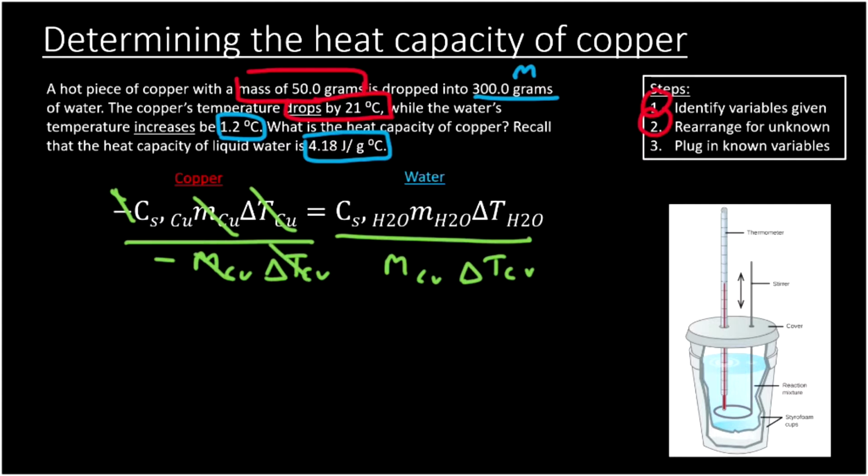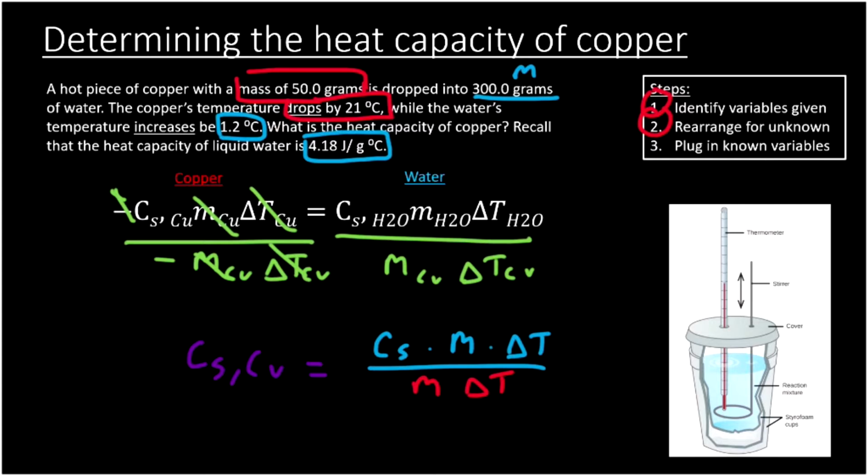And I'll be left with my final equation, which will tell me that the heat capacity for copper is equal to the heat capacity for water times the mass for water times the change in temperature for water, divided by, I'm going to use red for copper, the mass of copper times the change in temperature of copper.